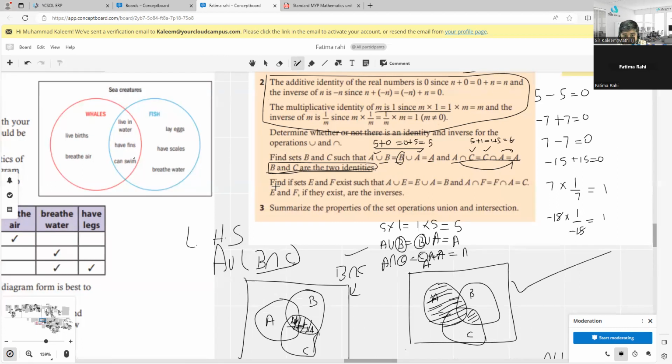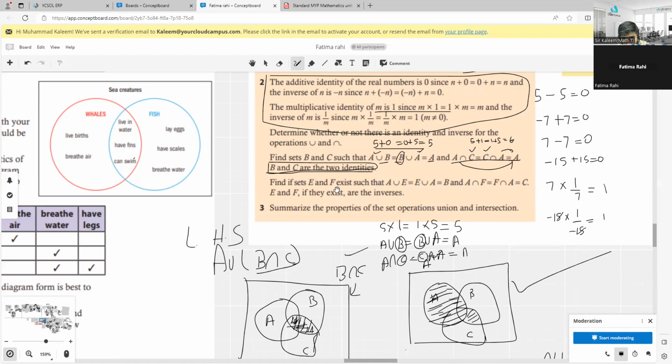Okay. Next we have: find if sets E and F exist such that A union E is equal to E union A is equal to B, and this one is equal to C. If E and F exist, are they inverses?